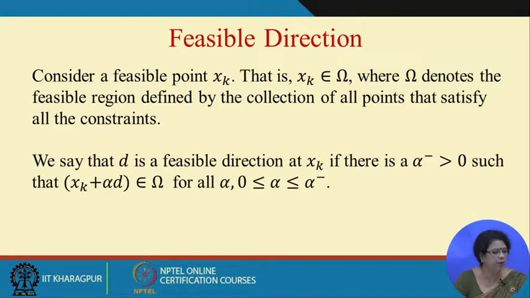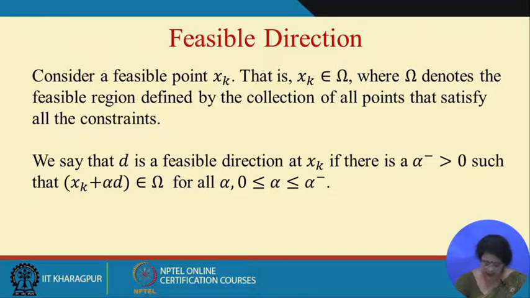Now, we can say that if I move from xk in any direction d in such a way that xk plus alpha d, alpha is the step length, remains within the feasible space, then d can be said to be a feasible direction.